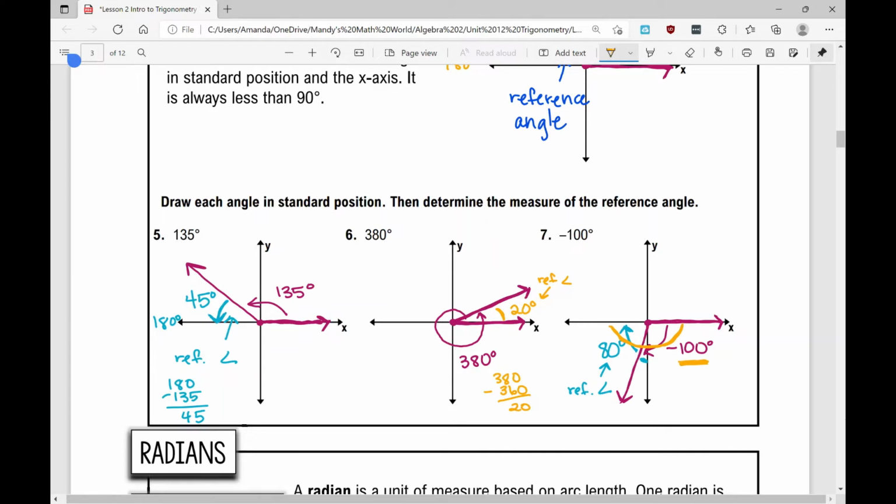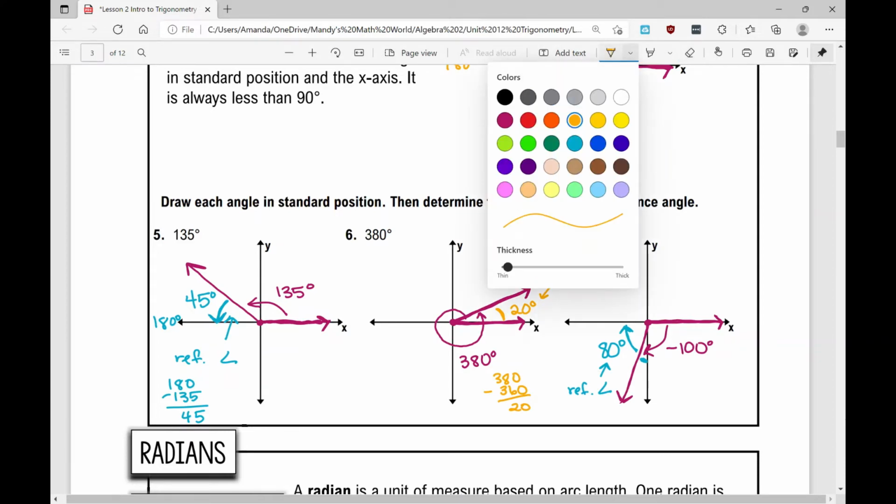I'm just using positive angle measures. So you could do 180 minus 100 and you would get 80 degrees. You can also look at it that way. I like to look at it as how many more do I need to get to 180. That would be my degree measure for my reference angle.